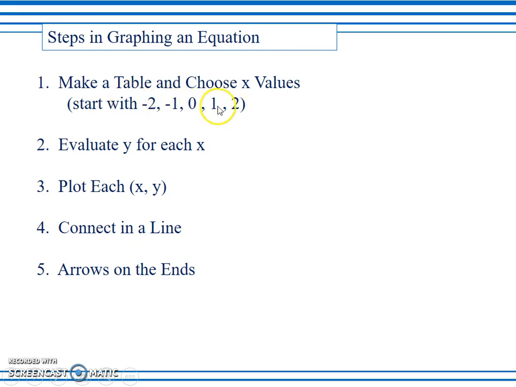So that's what we're going to use today. So we're going to plug in x to find y, which means we're going to evaluate y for each x. We're going to plot the coordinate points, the xy terms, and then we're going to connect all of the points with a line, and remember our arrows at the end, because all lines go on to infinity in both directions.